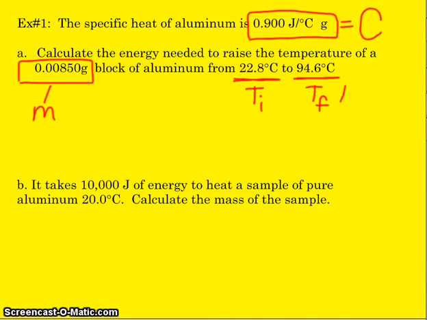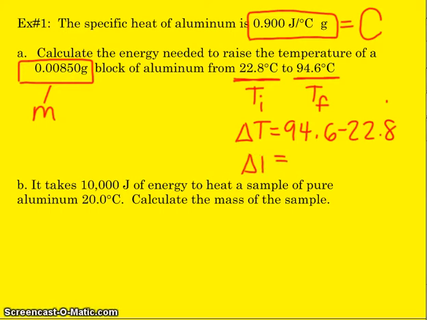So right away, I'm going to subtract these. 94.6 minus 22.8 to get my delta T, my change in temperature in degrees Celsius. So this is why you need a calculator for this class, everybody. 94.6 minus 22.8 should give us 71.8 degrees Celsius.